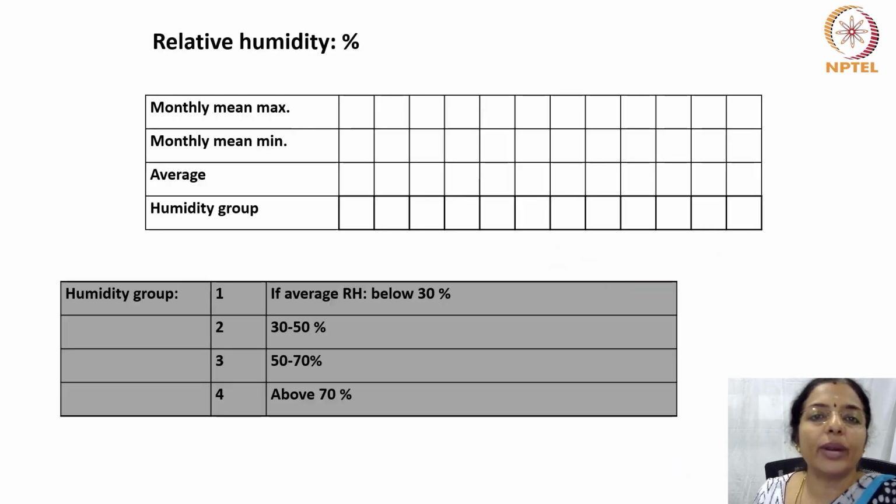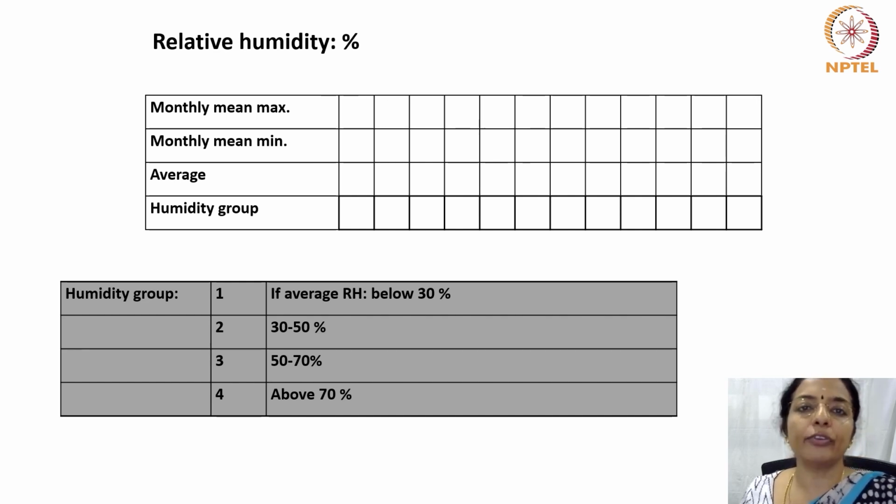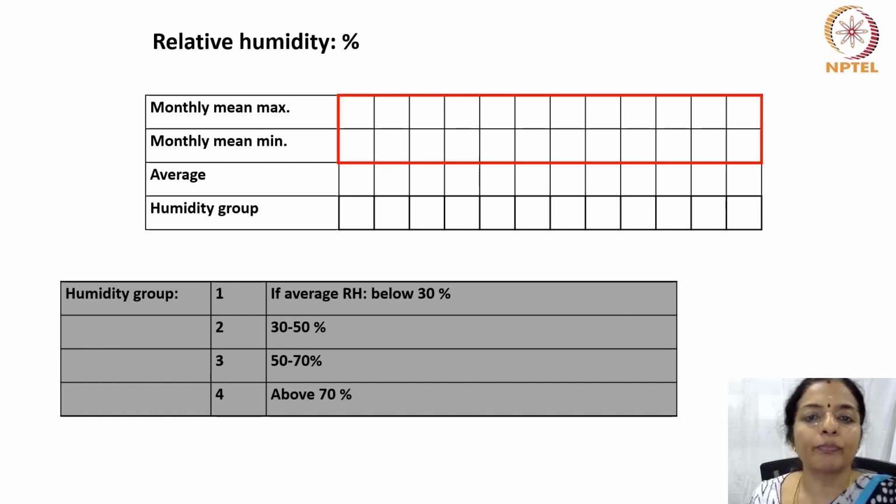Then we have to enter the relative humidity. Now the first step is you have to input the monthly mean maximum relative humidity and monthly mean minimum relative humidity as given in the weather data. Now in majority of the cases, only the average relative humidity values are available, and this can be used directly. So fill in the humidity group according to the categories given below. So how will it look?